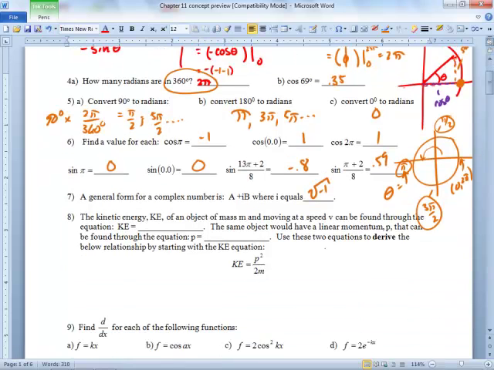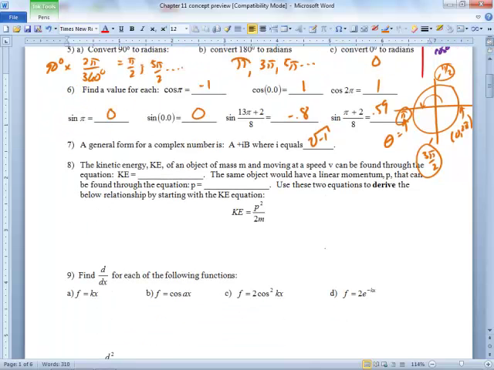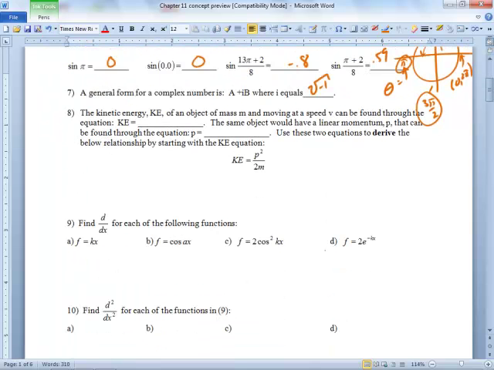Kinetic energy of an object of mass m moving at a speed v can be found through the equation KE equals, Kathleen, what? Half mv squared.